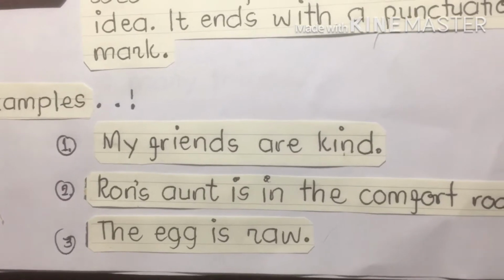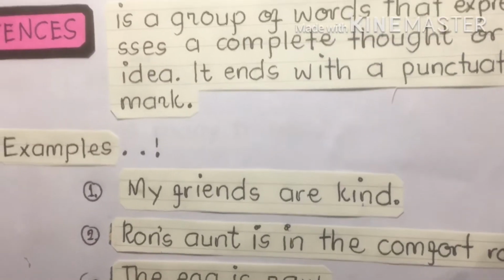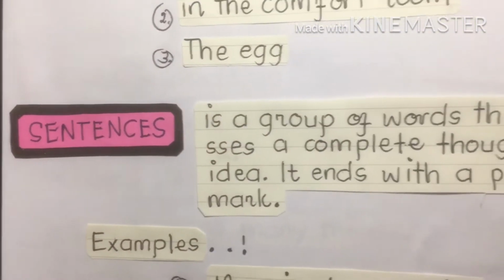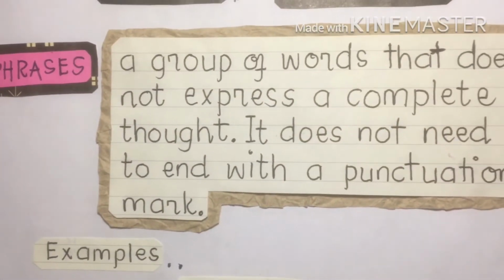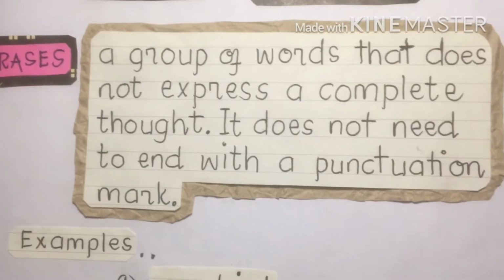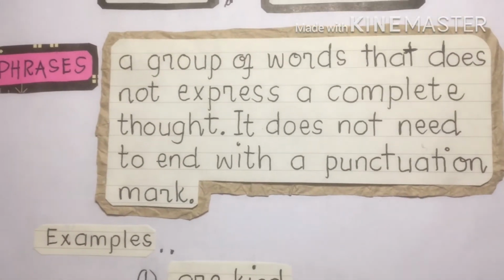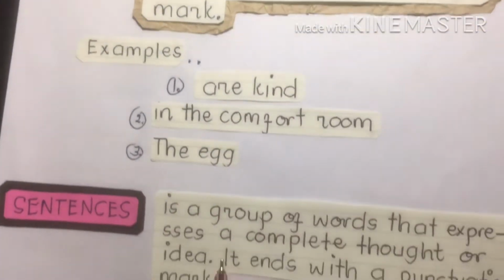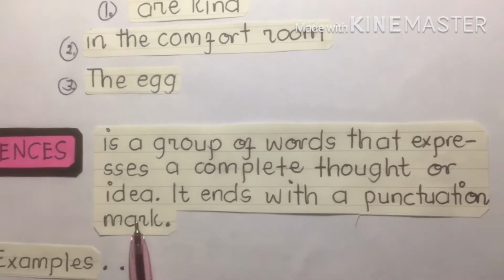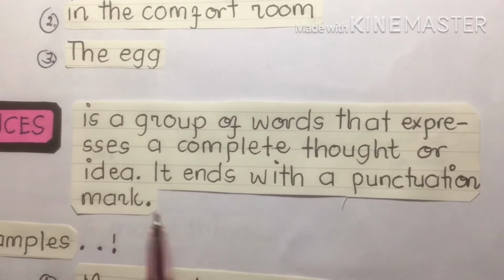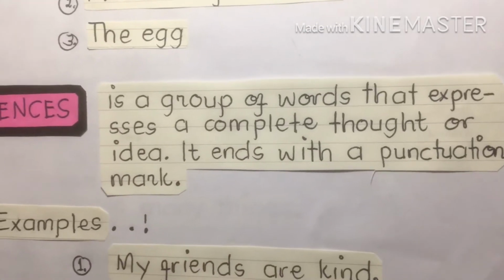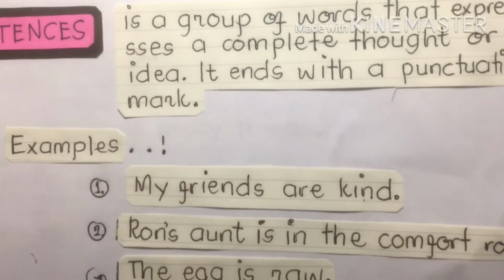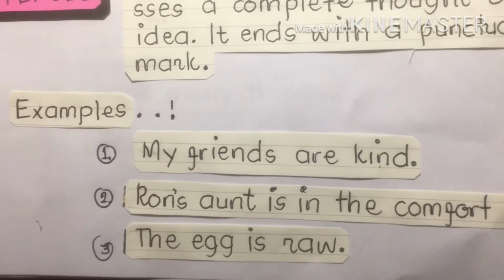So guys, when you distinguish between phrases and sentences again, a phrase is a group of words that does not express a complete idea, whereas a sentence expresses a complete thought or idea, and it ends with a punctuation mark. Okay, that's clear. Any questions about phrases and sentences?